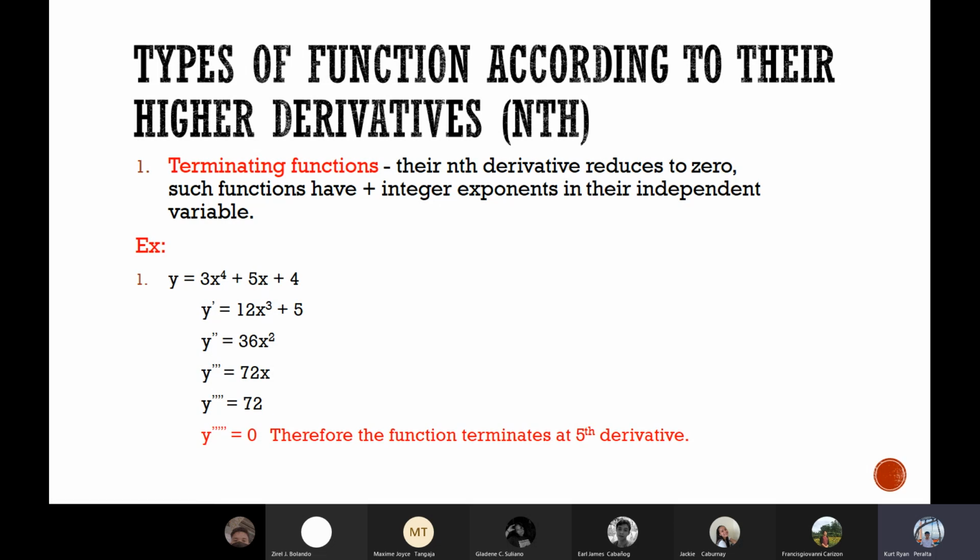So the fourth derivative is simply using again the power rule, which is equals to 72. And lastly, the fifth derivative of this function is the derivative of the constant, which is equals to 0. So therefore this function 3x to the power of 4 plus 5x plus 4 terminates at fifth derivative.